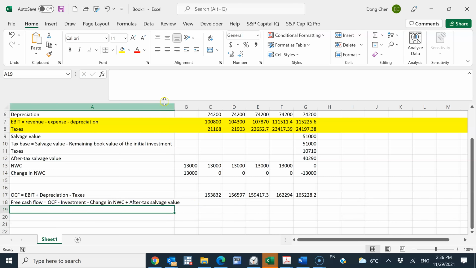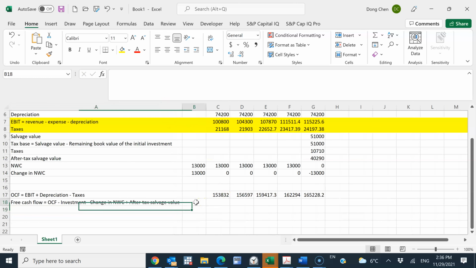Now with that, we can calculate this free cash flow. Compared with OCF, which we start from year one, because the company is not expected to generate any operating cash flows until year one, for free cash flow we start from now.